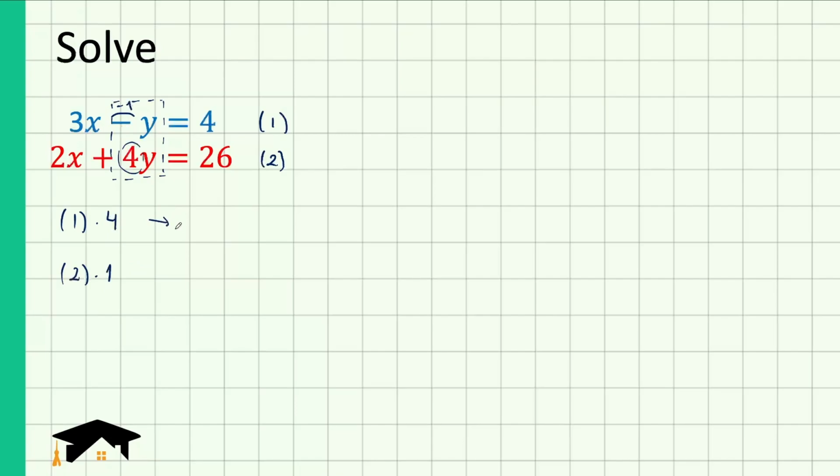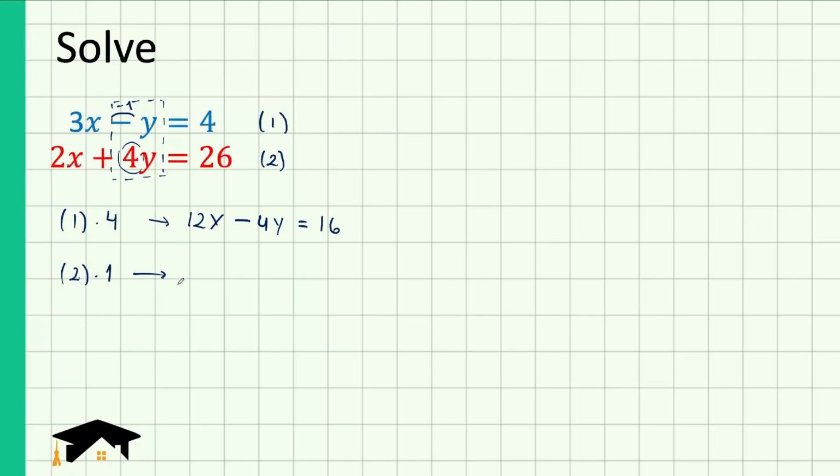The first equation multiplied by 4 will give us 3x times 4, 12x, minus y times 4 is minus 4y, and this equals 4 times 4, 16.